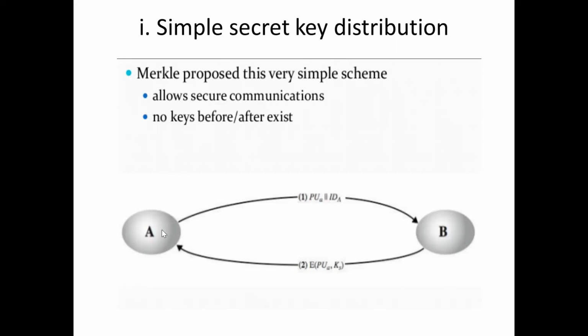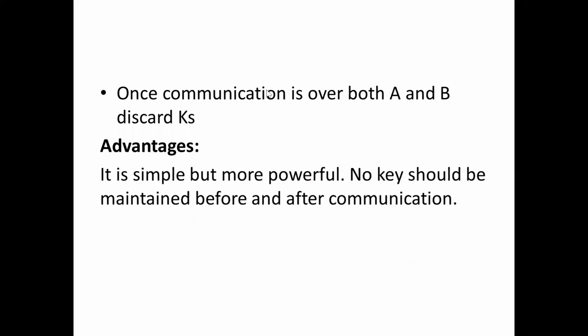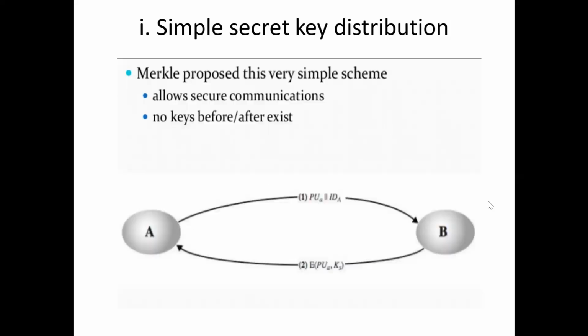So the initiator wants to communicate with B. First, the initiator sends his public key concatenated with the identification of the initiator. Then the responder encrypts the session key, KS, using the initiator's public key. Once the communication is over, both A and B, the initiator and the responder, discard the session key KS.